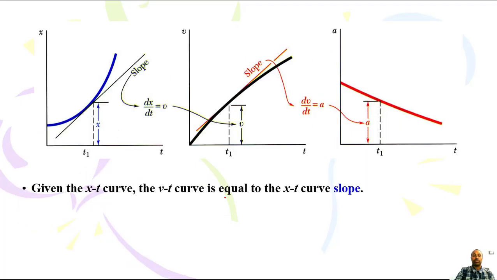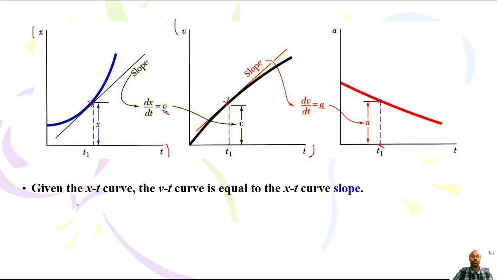And sometimes you may have a distance versus time curve. Then the slope of this tangent line will give you the velocity. And if you have a velocity versus time curve, then the slope of this, or the derivative of the function, will give you the acceleration at this point.